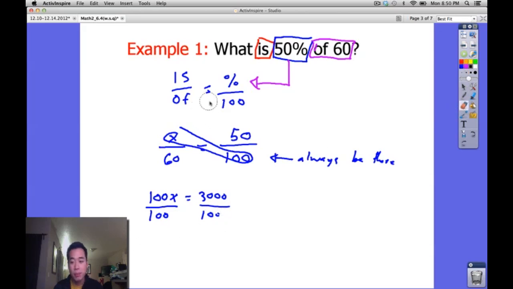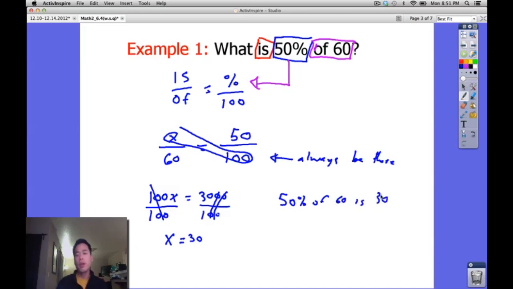Didn't mean to do that. It's supposed to be 100. And then I can cancel out my zeros, so I get 1x is equal to 30. So what is 50% of 60? Well, 50% of 60 is 30.